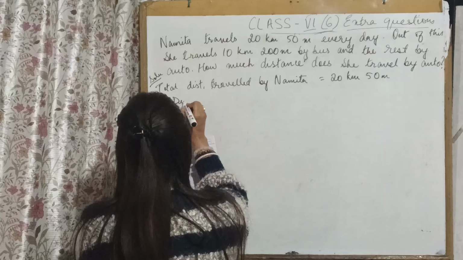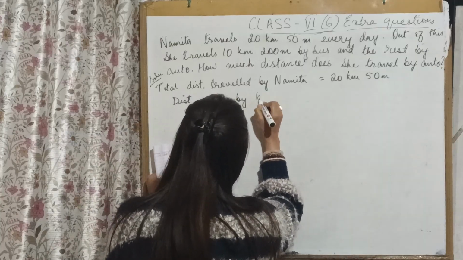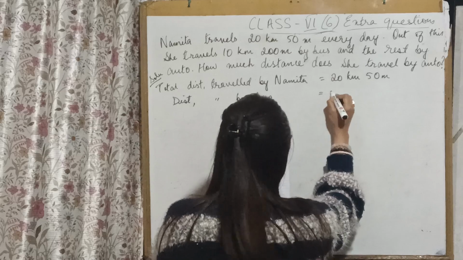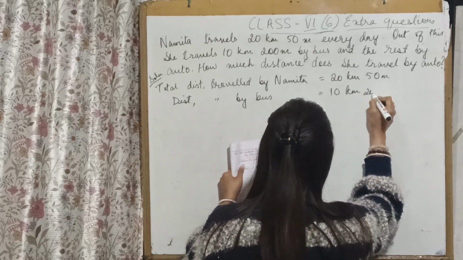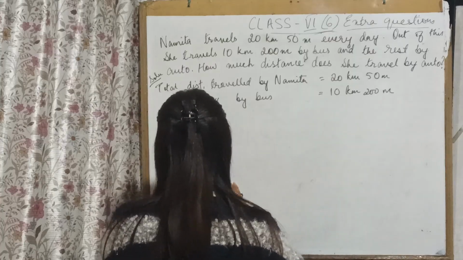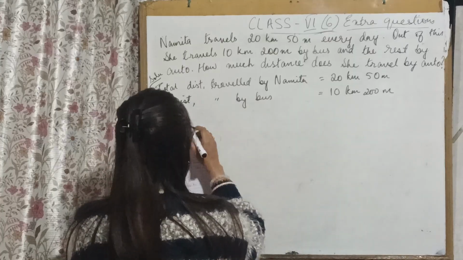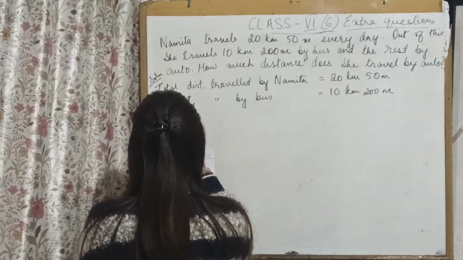Now distance traveled by bus is equal to 10 kilometer 200 meter. So total distance will be, what was the total distance?